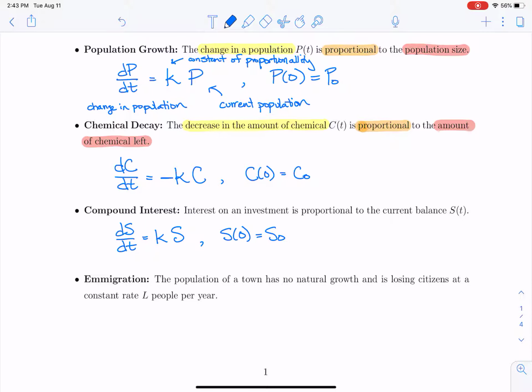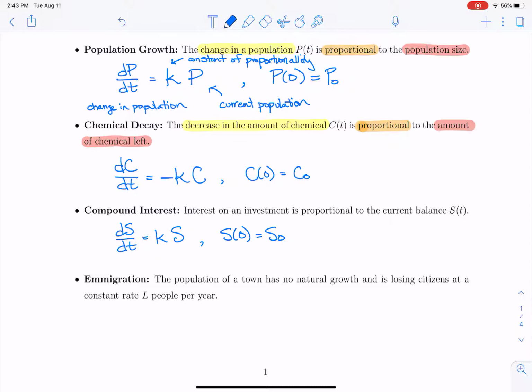So first I'm going to look at what happens when the population of a town has, say, no natural growth. So the population isn't going to grow for that particular town. Nobody is going to have a new child. Nobody's going to die. Okay, but that town is losing citizens at a constant rate, L people per year.